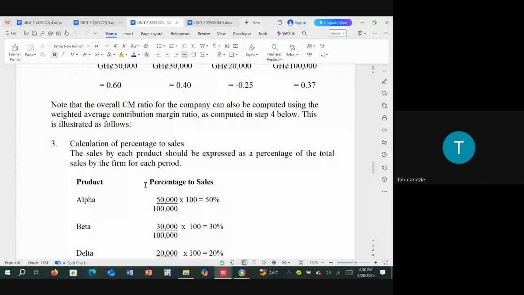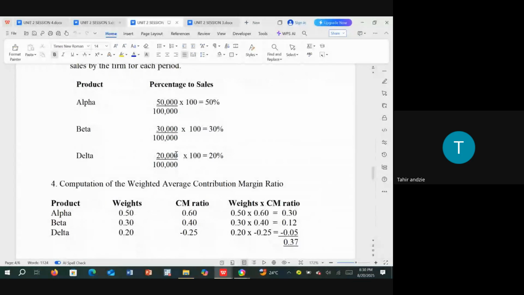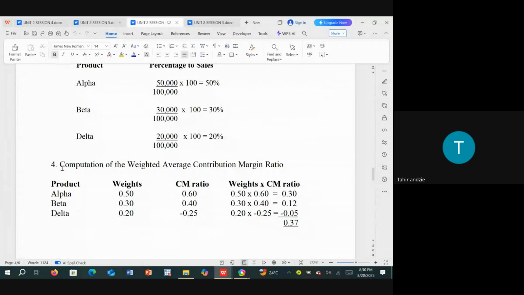So for alpha, it's 50,000 divided by 100,000. That is 50% of the sales. Beta is 30 over 100. That is 30% of the sales. And then delta is 20 over 100,000. That is 20%.